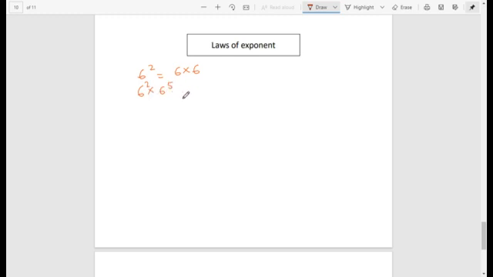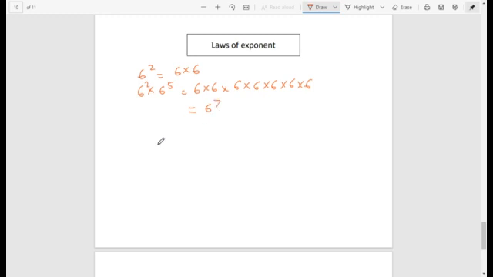So this can be written as 6 into 6 for 6 square and another 5 times 6 for 6 to the power 5. So I will write 6 into 6 into 6 into 6 into 6 into 6 into 6. So 6 has become total 7 times, so I can write it as 6 to the power 7.